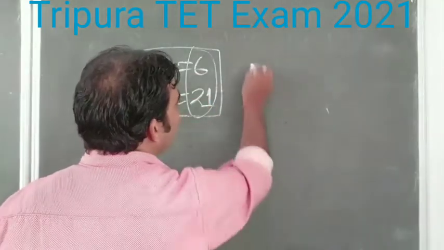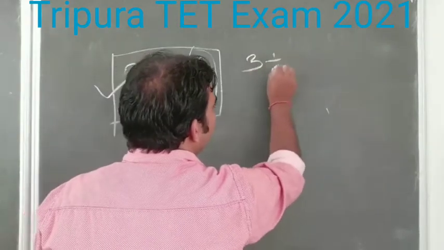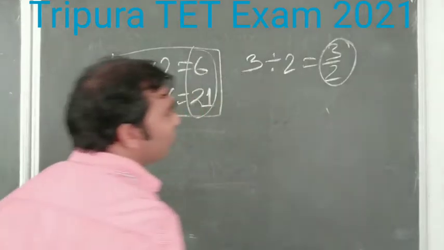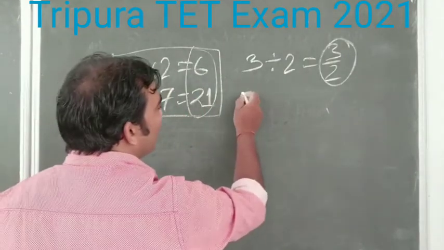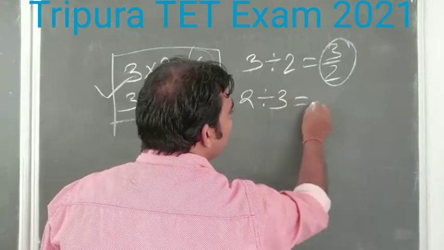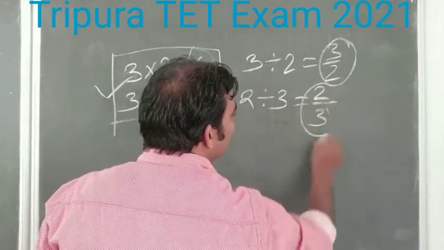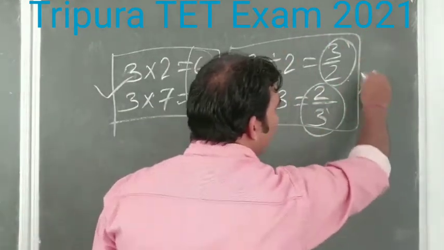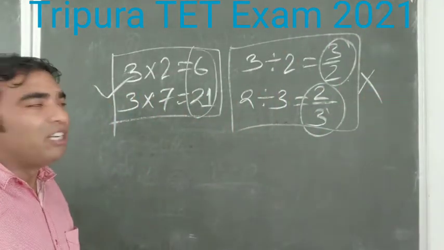Now in case of division, what happens? 3 divided by 2 equals 3 by 2, which is not a natural number. Or we can say 2 divided by 3, again 2 by 3, which is not a natural number. So natural numbers and whole numbers are not closed under division.